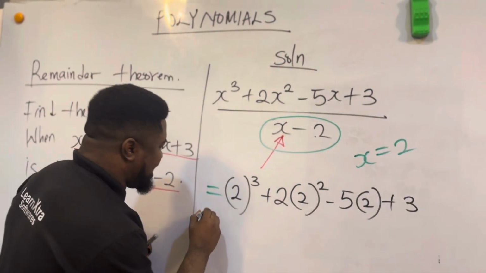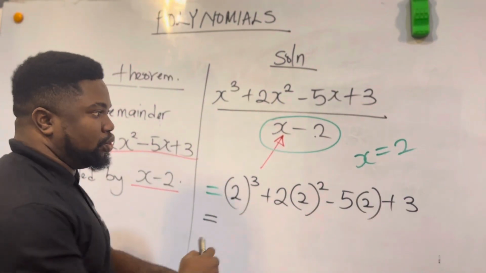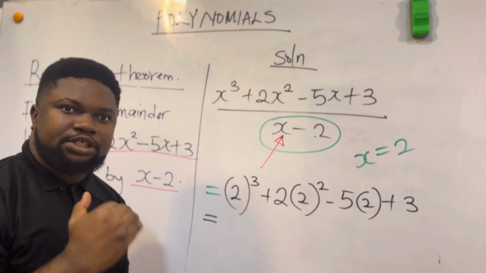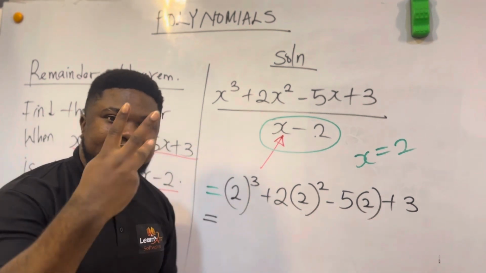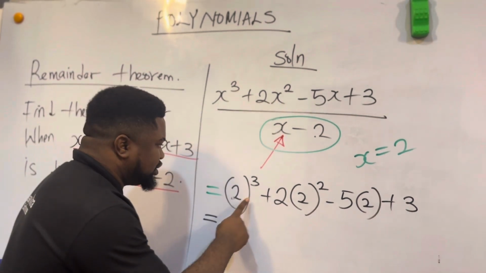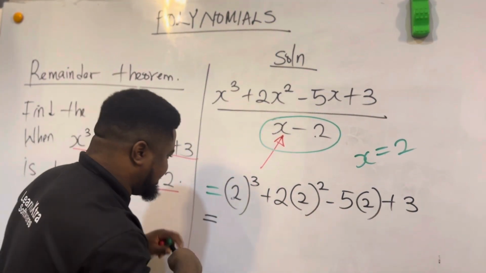If I evaluate this, it's simple. You can do it on a calculator, you can solve further. 2 cubed means 2 times itself in 3 places. That is 2 times 2 times 2, and that is 8.